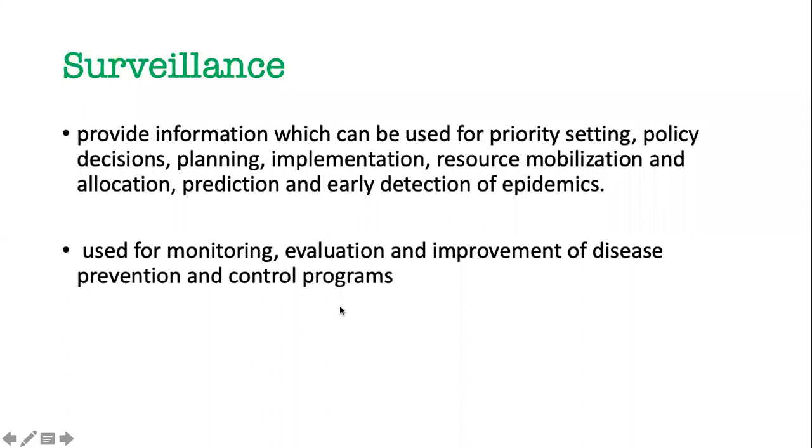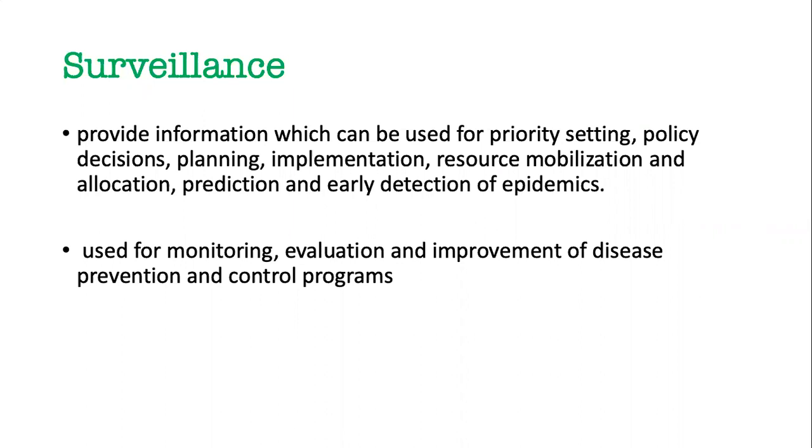So surveillance study provide information which can be used for priority setting. So for example, we see the presence of high maternal mortality rate in our country, or let's say in a certain province.